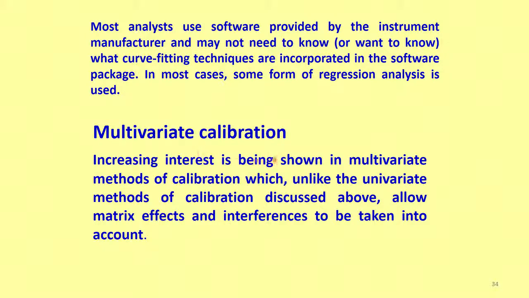So, in multivariate calibration, that is several factors are varying, increasing interest is being shown in multivariate calibration, which unlike univariate, one sample, one analyte at a time, that is univariate. Multivariate, one sample, many elements. So, these things, multivariate analysis allow matrix effects and interferences, which takes care of several types of interferences in ICP also.